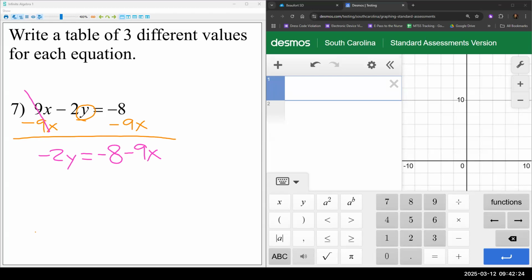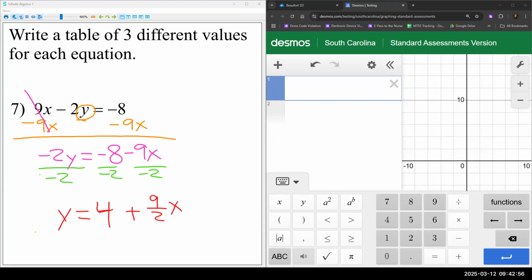And I still got that -2 I got to get rid of, so divide by -2. -8 divided by -2 is +4. -9 over -2 doesn't divide evenly, so I'm just going to leave it positive because a negative over a negative is a positive. 9 over 2x.